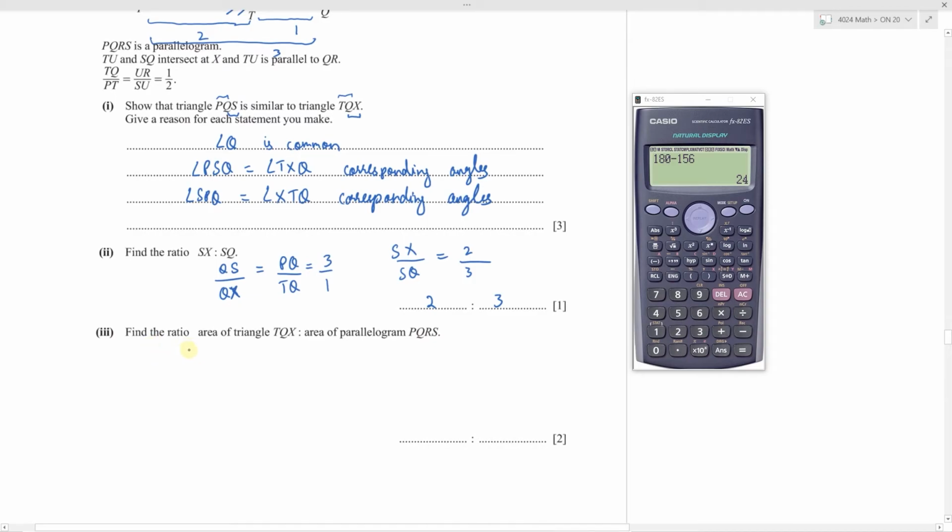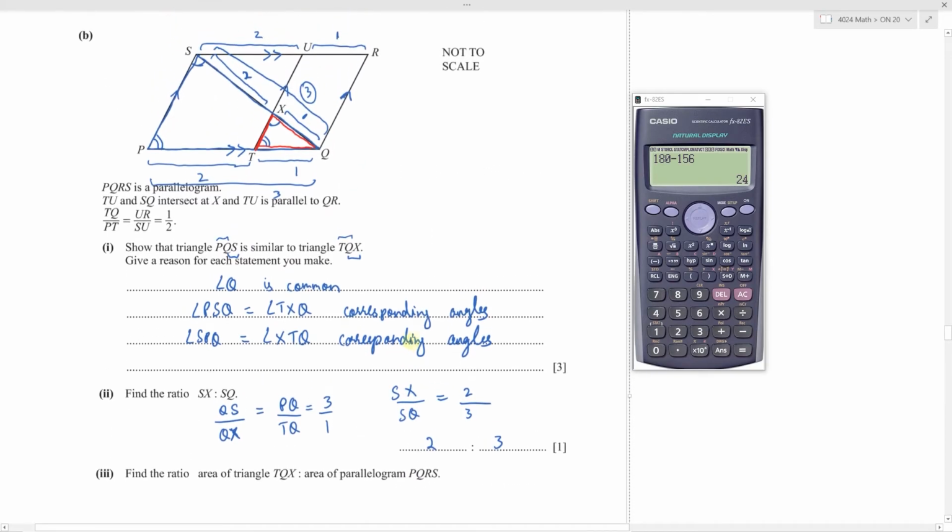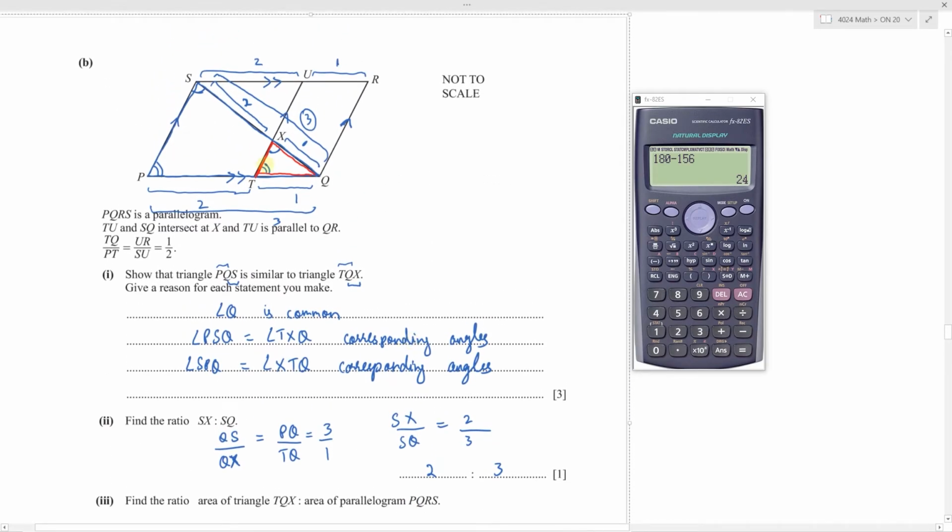Part 3 is find the ratio of the area of triangle TQX and the area of parallelogram PQRS. So TQX is this smaller triangle, the red one, and PQRS is the larger parallelogram.